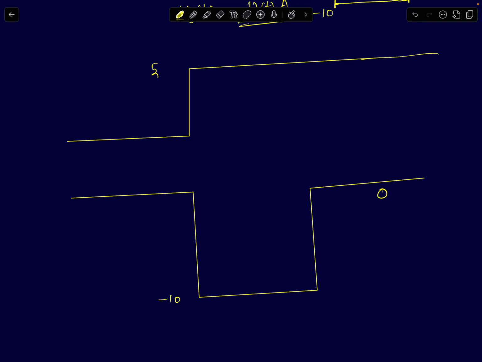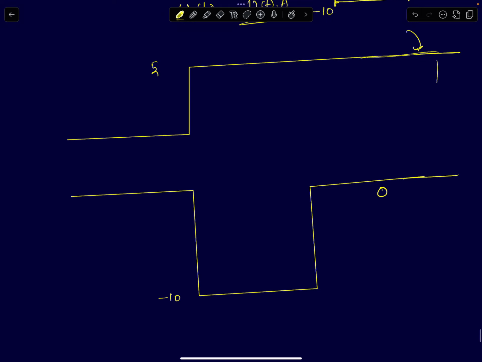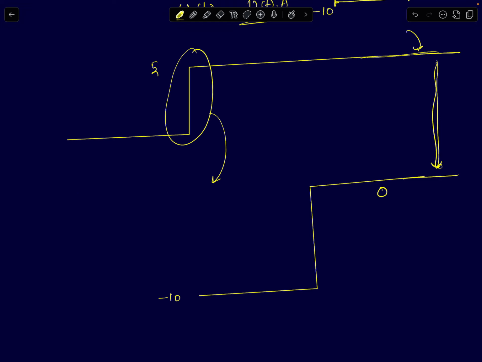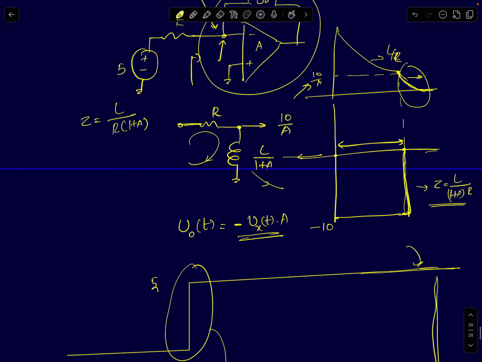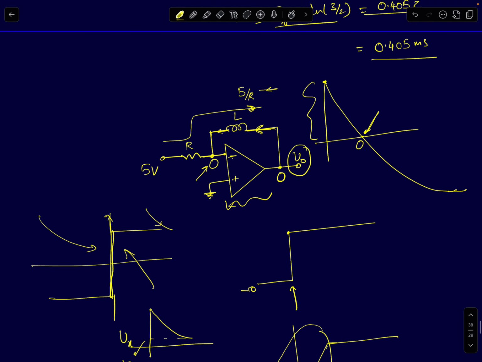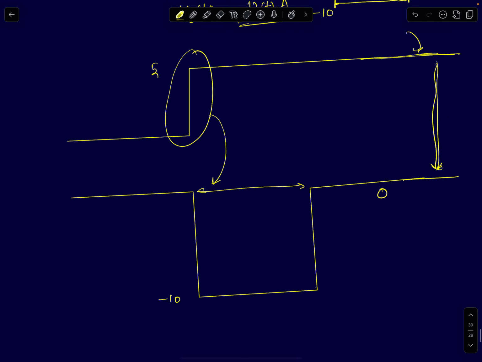Once your input reaches a steady state, the output will eventually come to 0, right? It should be the derivative of the input signal. So only when there is a rising edge event does the differentiator produce some output. And this on time is 0.405 milliseconds. So this is how it's going to look.